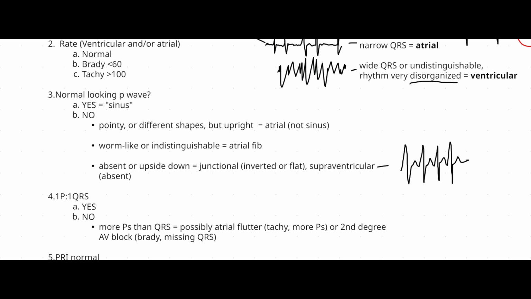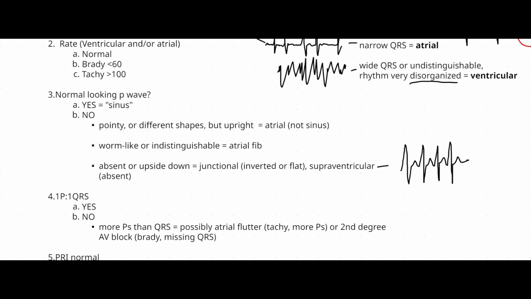Usually if it's SVT, it goes above 120, because the sinus can only run up to 120. So sinus rhythm, sinus tachy, usually up to 120. SVT, greater than 120. VTAC, 150 and on and up.